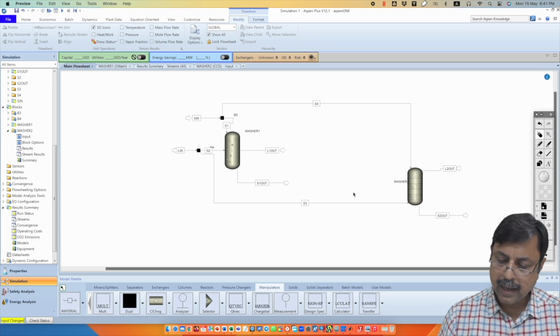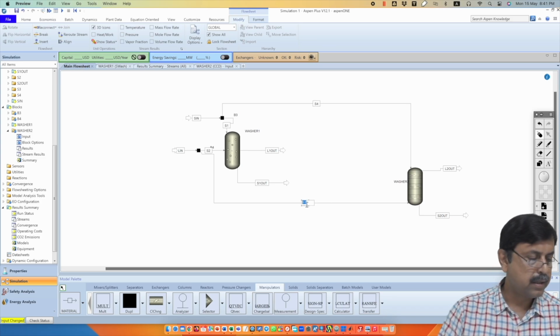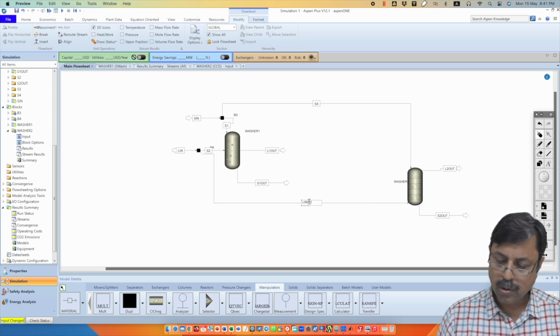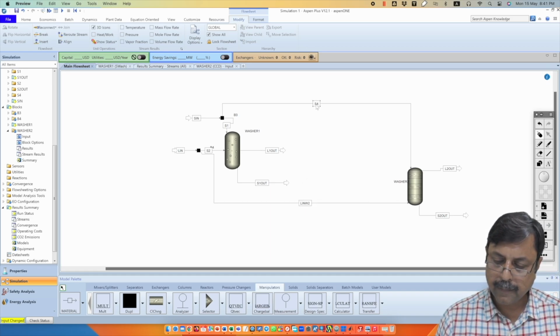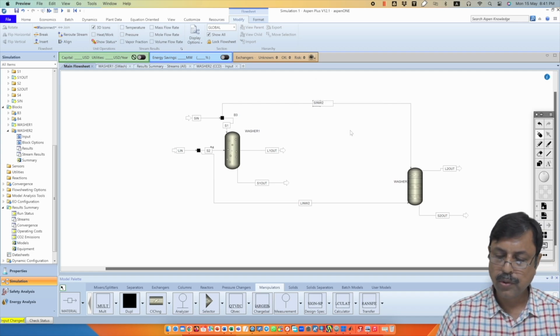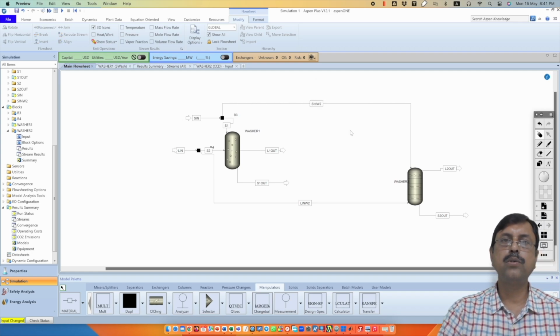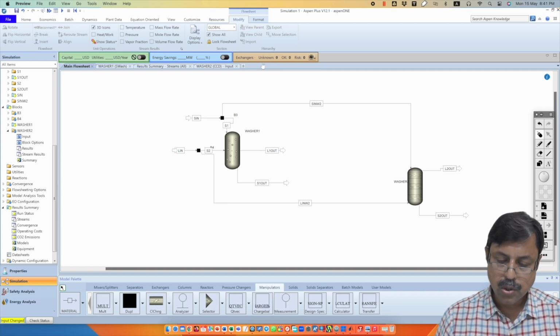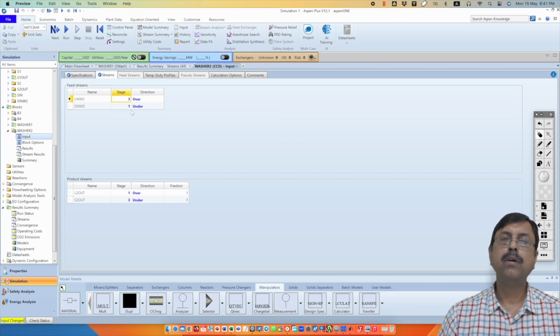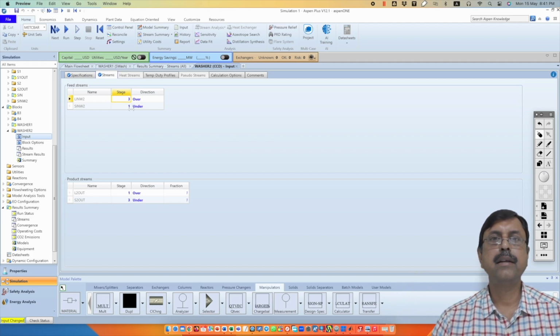So the S3 and S4, what is S3? If you check, S3 is the liquid in the L in the washer 2, and this one is S in the washer 2. So solid in washer 2 and liquid in washer 2. So here you see the solid in washer 2, it has been given in the top stage, right?